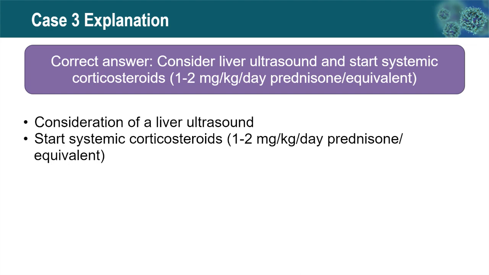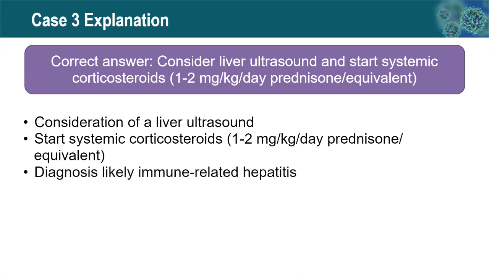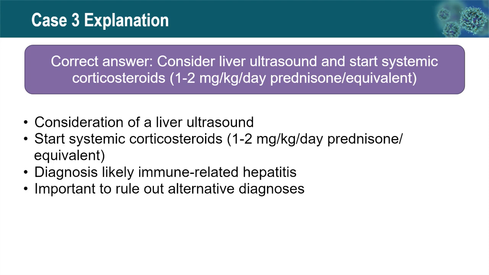In this case, the diagnosis is likely to include immune-related hepatitis, but it is important to rule out alternative diagnoses. In this case, the patient's liver function tests with AST and ALT are 7 times the upper limit of normal. This usually indicates that the patient has a symptomatic hepatitis.